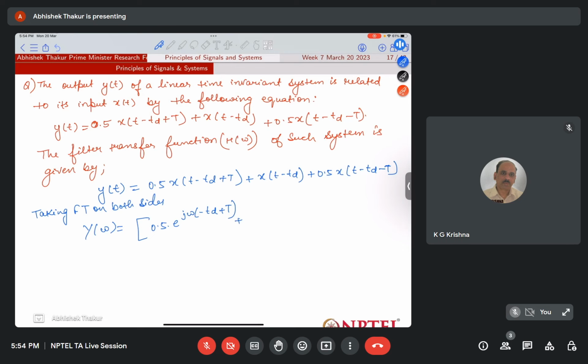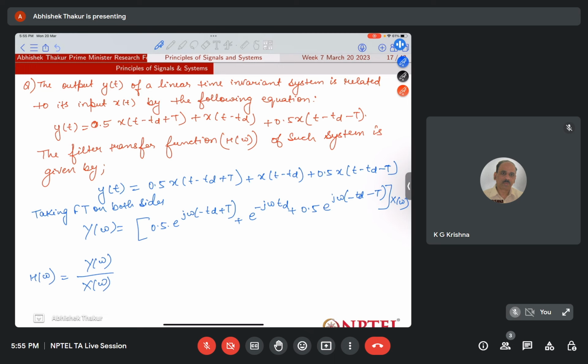We'll take X(omega) common outside, and this will become e to the power of minus j omega td, and again we'll get plus 0.5 of e to the power of j omega minus of (td minus T) and X(omega). So now we will do Y(omega) by X(omega). This is only our H(omega).